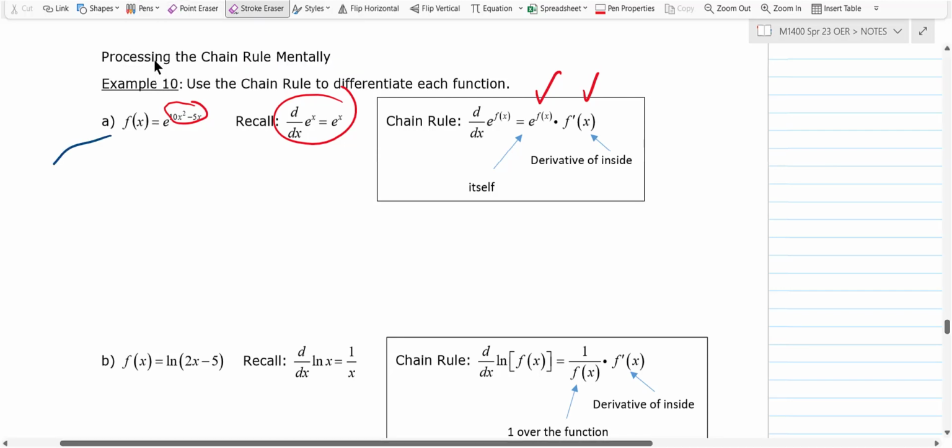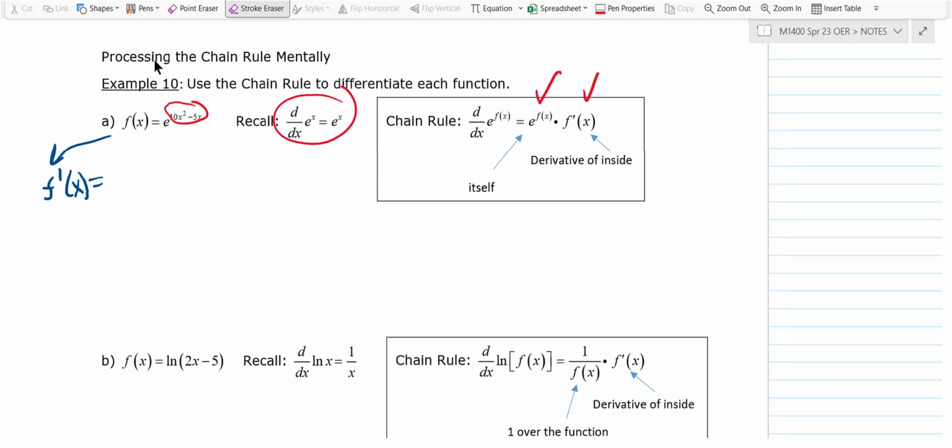So when you do the derivative of this function, okay, first of all, you know the derivative of e to the x is itself, right? So you write itself, e to the 10x squared minus 5x like that. Then you multiply by the derivative of the inside part, which is the part that's inside the exponent. And you can do this problem totally in your head.